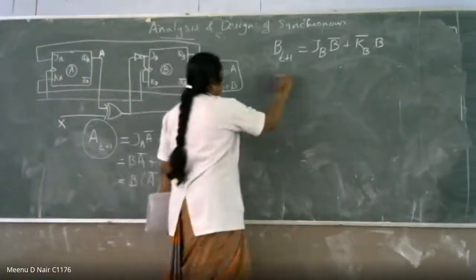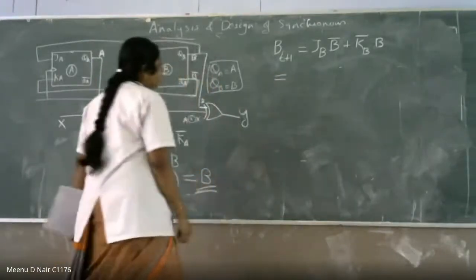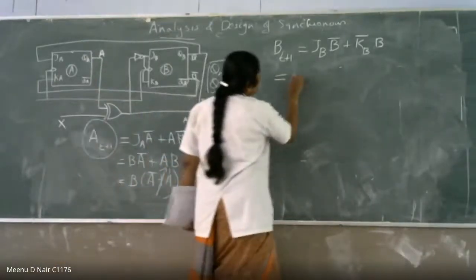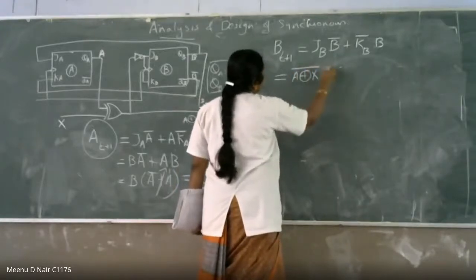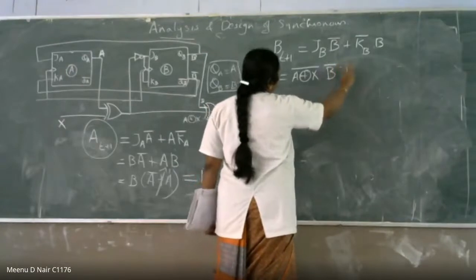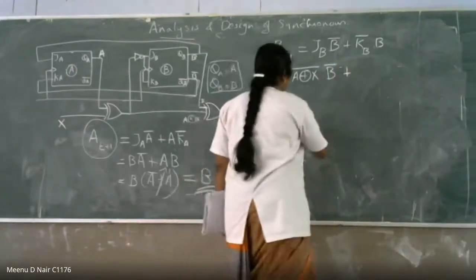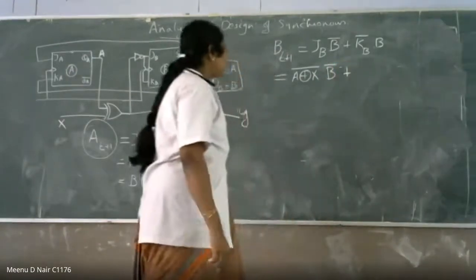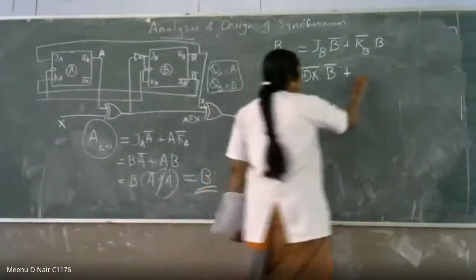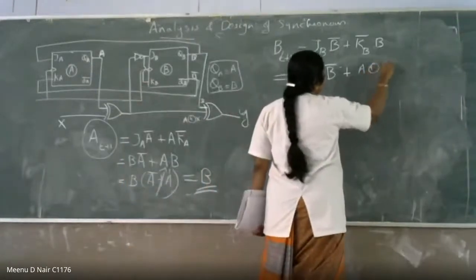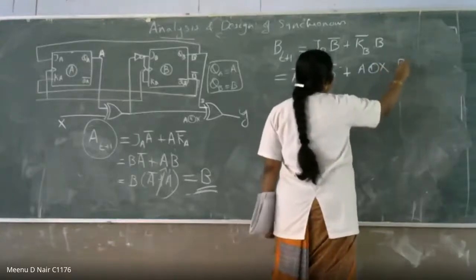So what is the expression for JB? JB is A XOR X bar B bar plus B KB bar. KB is equal to A XOR X whole bar, so KB bar is equal to A XOR X B, right?